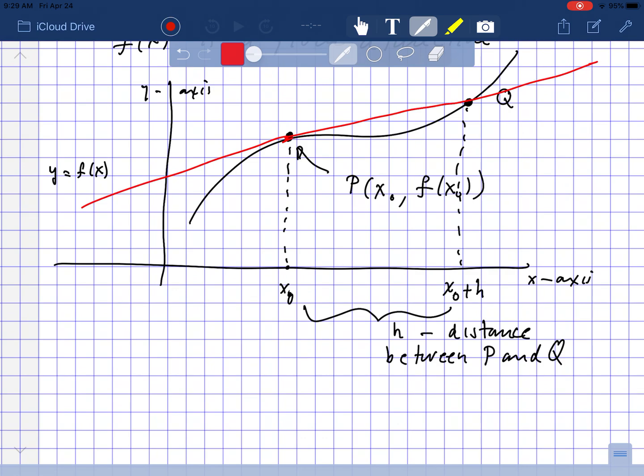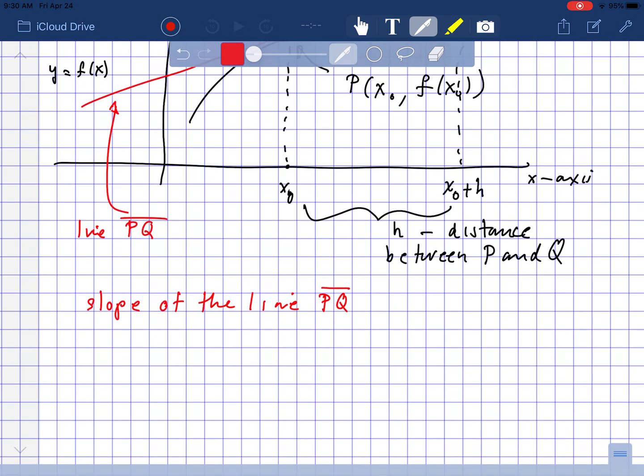Then what can you tell me about the slope of the line PQ? So I'm going to call this line PQ. Okay. And so what I'm asking for is the slope of the line PQ.